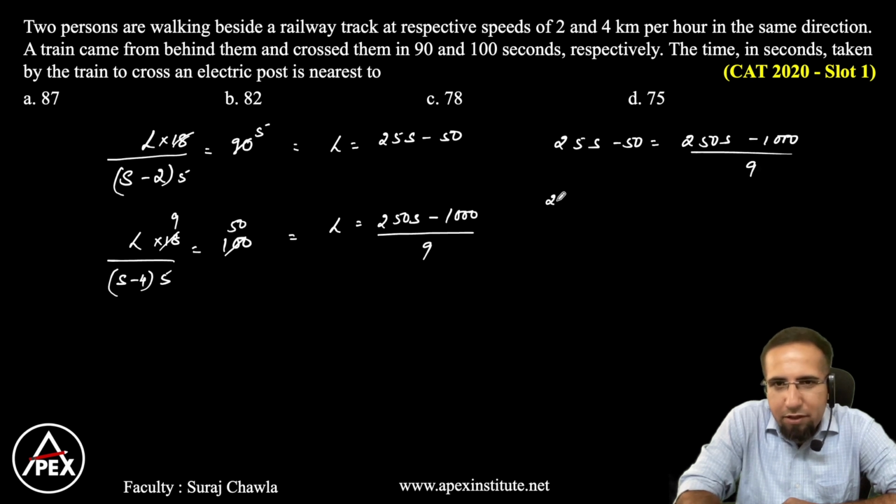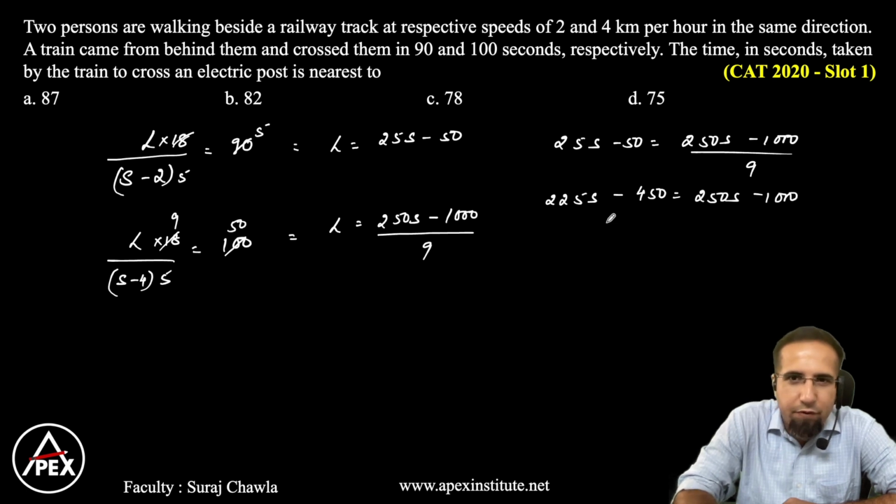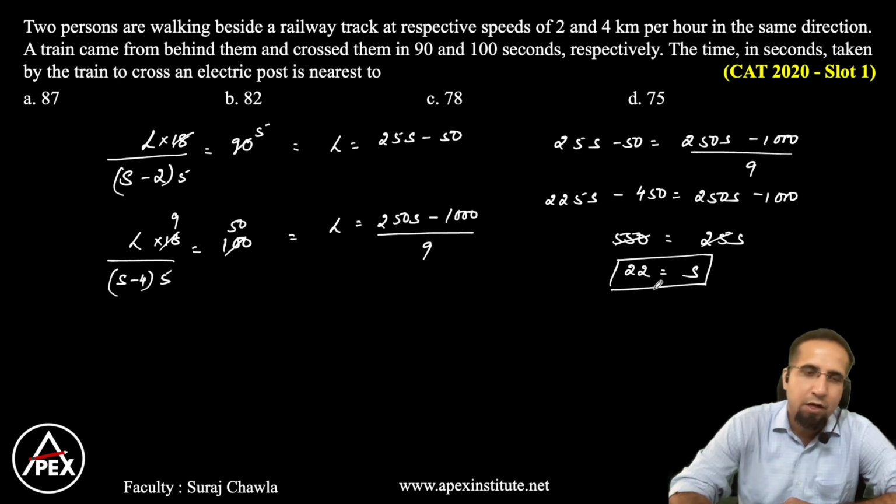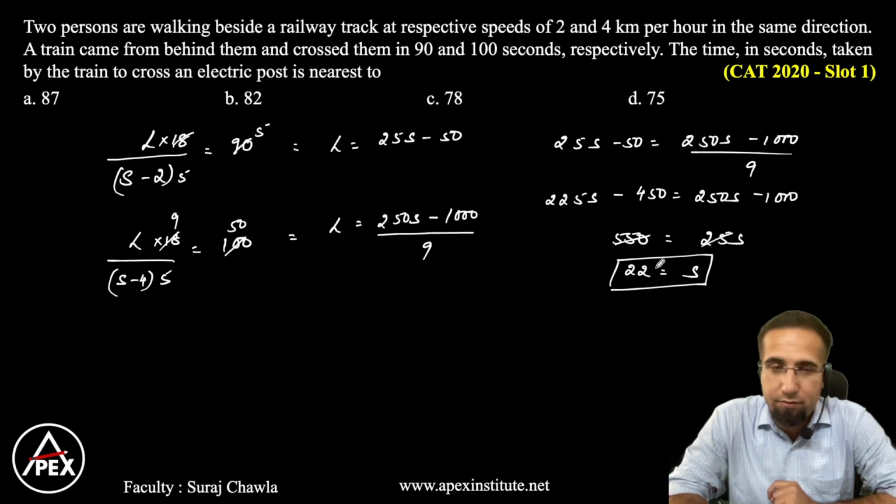Or we cross multiply, this becomes 225s minus 450 is equal to 250s minus 1000. We transpose the values, so we get 25s is equal to 550, or the value of s is equal to 22. So I repeat, this is 22 kilometers an hour. That is the speed of the train.